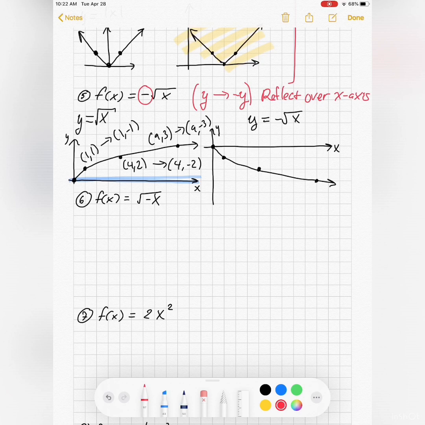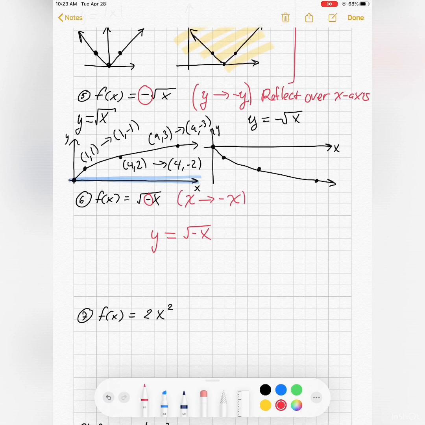So in number 6, what have I done there? Well, here I take my root x function, but what do I make negative here? I make the x negative. So you see how that negative is actually underneath next to the x?